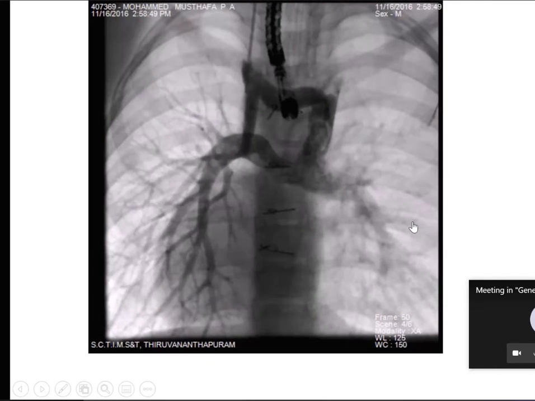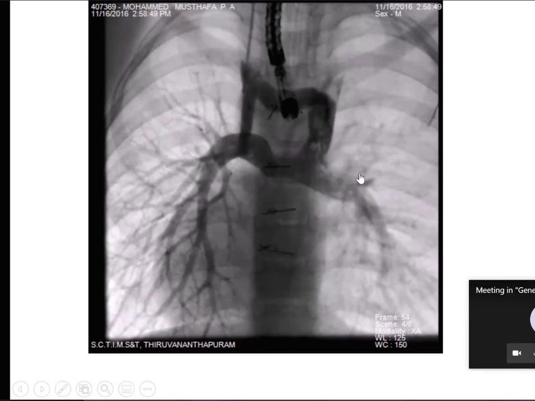What is the difference between the bilateral and bidirectional Glenn? Bilateral bidirectional Glenn. So both the left side and the right side are connected to the pulmonary artery. So it's a bilateral BD Glenn.